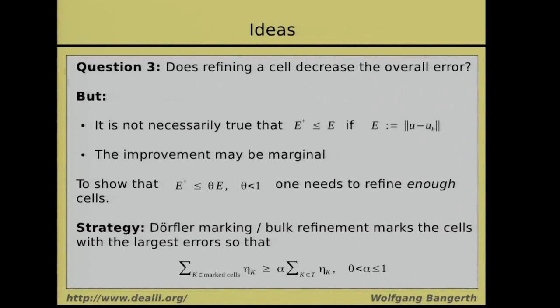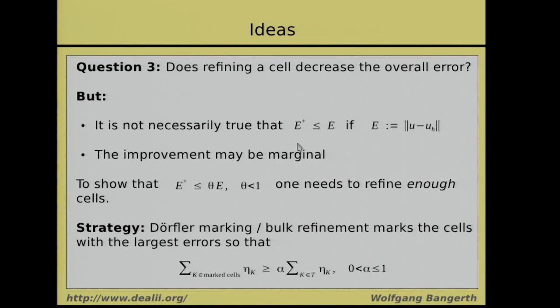I would love to have a property like this, where I get a reduction, because then if I could show something like this by refining 10% of the cells, I would just refine 10% of the cells and get a 10% reduction in the error. And then I repeat this, and I repeat this, and I repeat this, and I can make that error as small as I want, right? If I always gain, let's say, a factor of 10%. So that is what we call convergence, that I get the error go to 0.